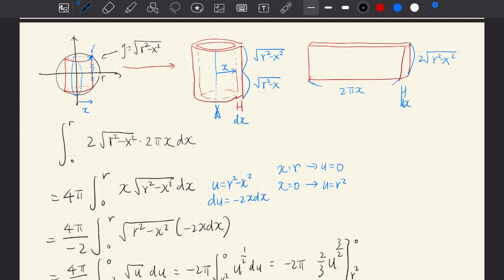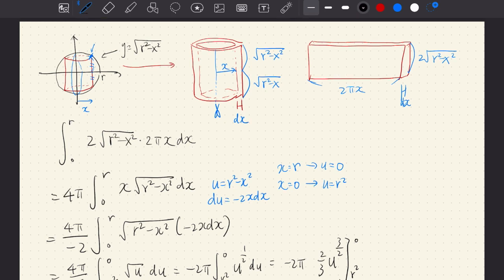Okay, so here you can reverse the upper and lower integration limit, and this is equal to 2 pi times 2/3 u to the 3/2, from 0 to r. Okay? So for the lower limit here, if you plug in 0 into u, you get 0.